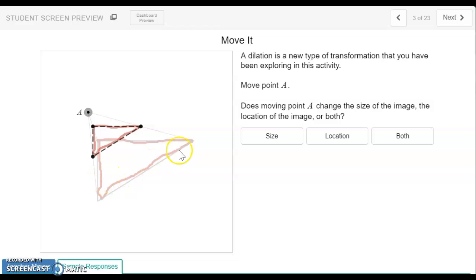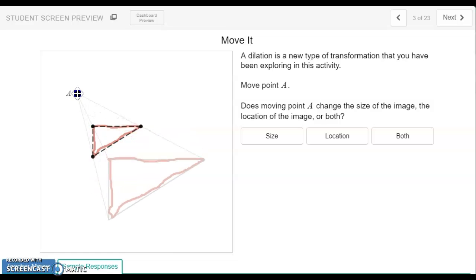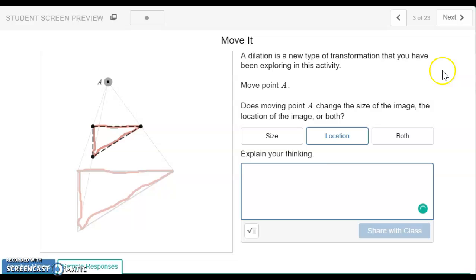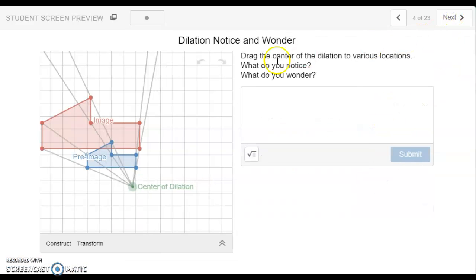No, it's not getting smaller or bigger. However, it's getting closer to the original triangle or farther away. So the location is changing, but the size is not. And you can put in your explanation there.